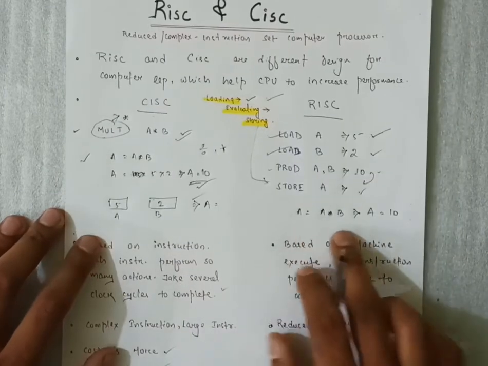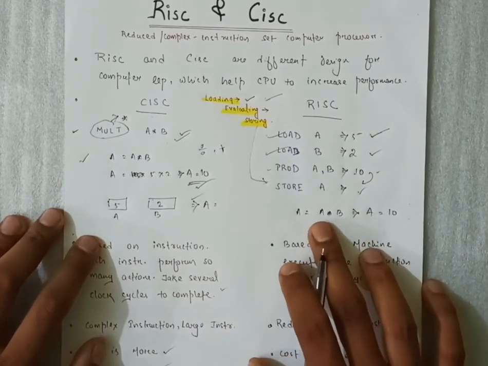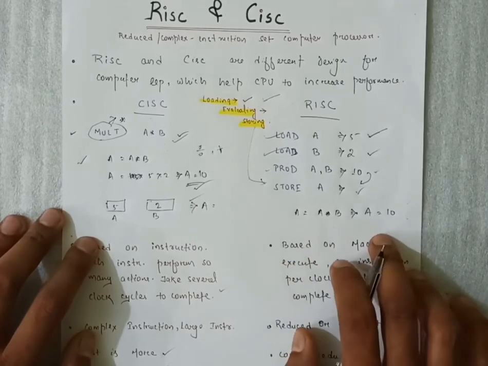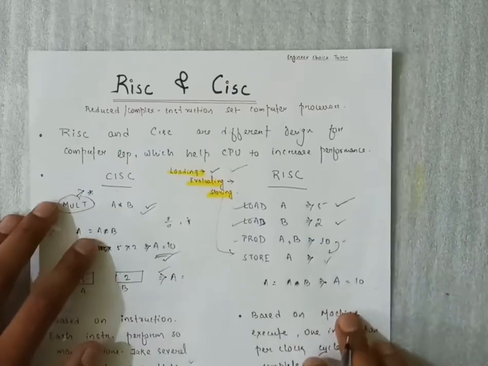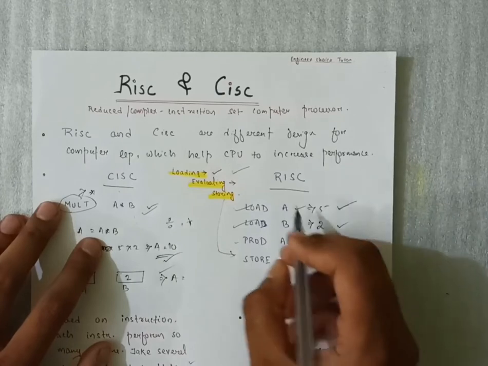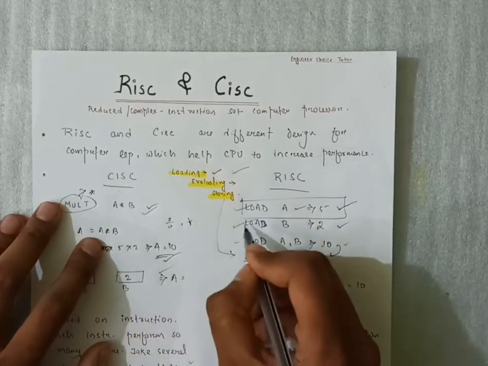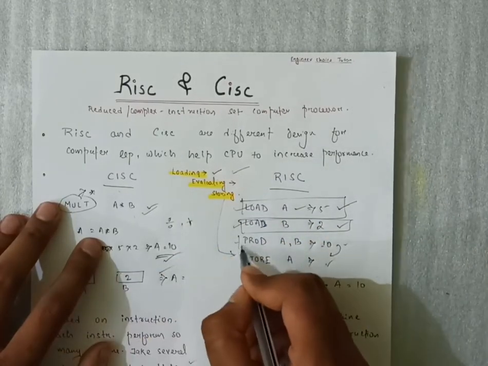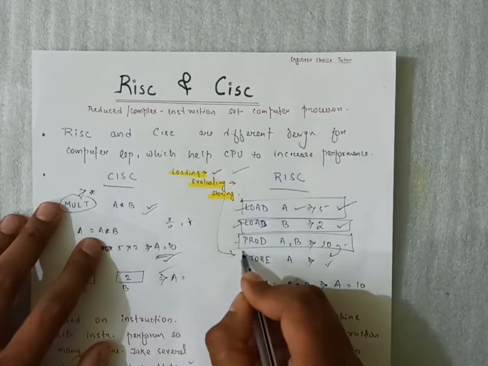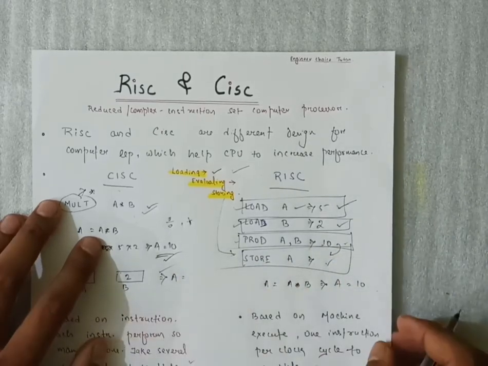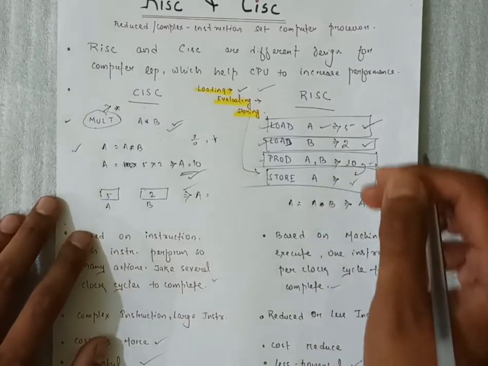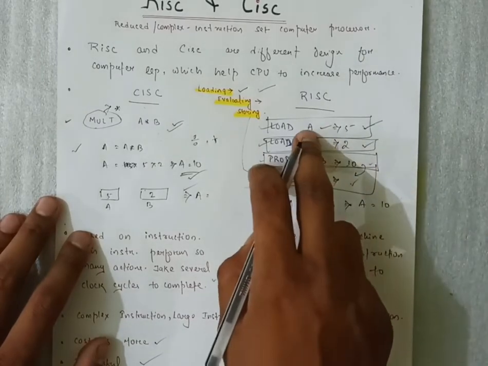But in the case of RISC, what? We are allocating and deallocating. Firstly, A we have used for one line of instruction. Second, B we have used. Again, the third it will use. The fourth one it will perform. Again and again it will perform different instructions, and it will first allocate, then deallocate.